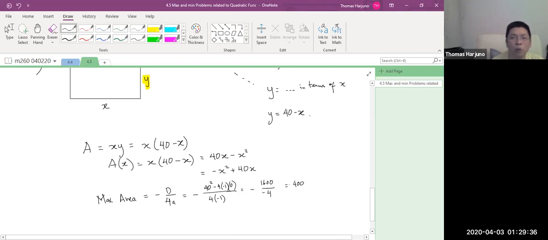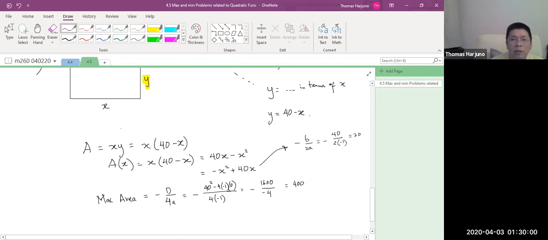Actually, if you don't want to find the maximum area directly, you can find the x that gives us the maximum area. The x that gives us maximum area, that's negative b over 2a. That's negative of 40 over 2 times negative 1, that's 20.